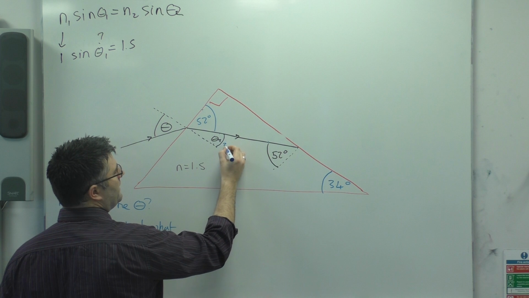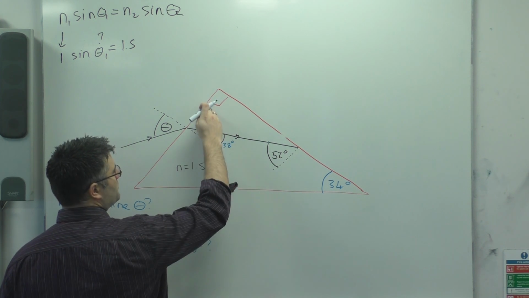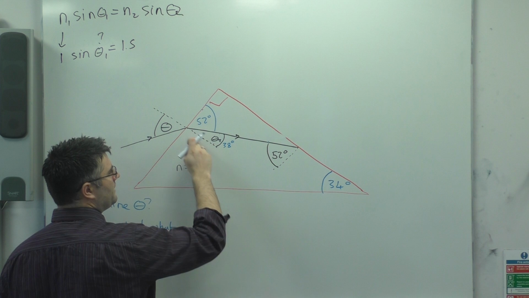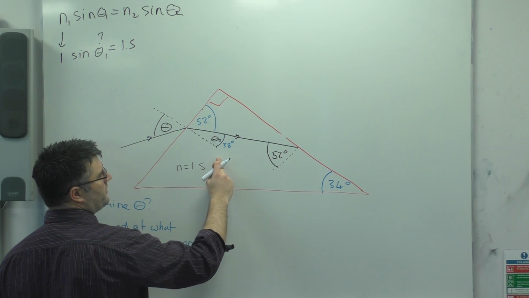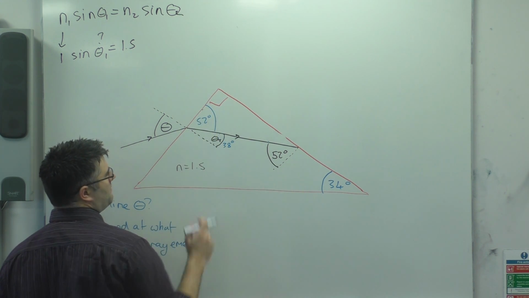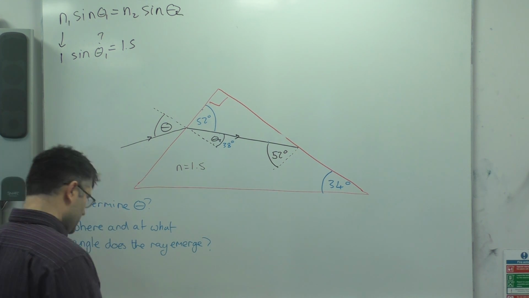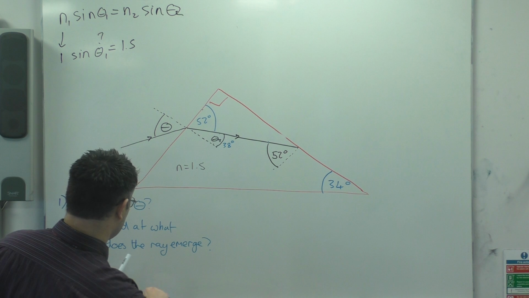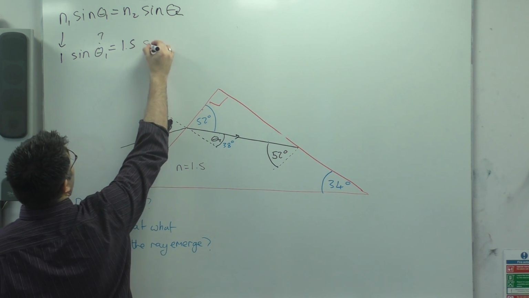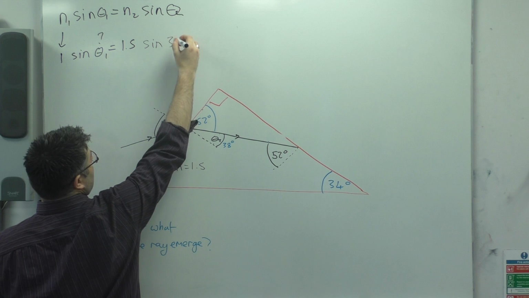That means this one is 38 degrees, because the normal line is 90 degrees, therefore 90 minus 52 would give us 38 degrees for theta 2. So that's quite nice because that means we can then throw in the value of sine 38.